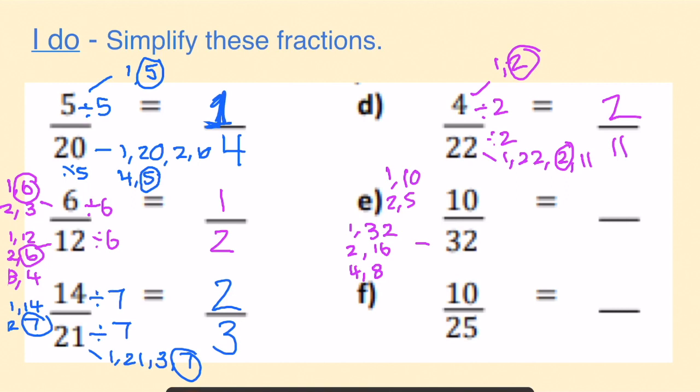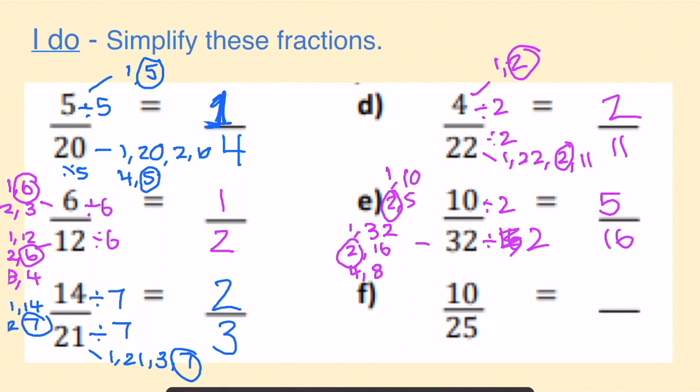The highest common factor that they share is 2. So 10 divided by 2 is 5, and 32 divided by 2 is 16. 5/16. I can't simplify that any further. They have no other common factors.